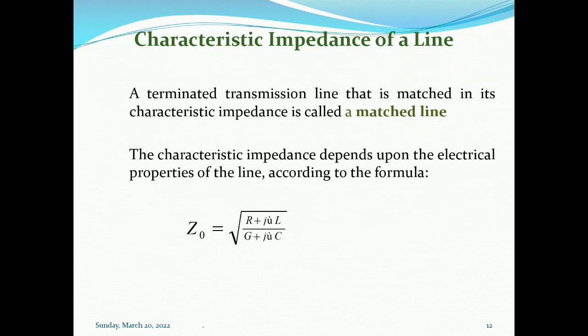The characteristic impedance is a big topic which decides the entire behavior of the transmission line, and it is a very important parameter in each and every analysis of the transmission line. I will share a separate video on this topic. The formula is Z0 equals root of R plus j omega L divided by G plus j omega C.